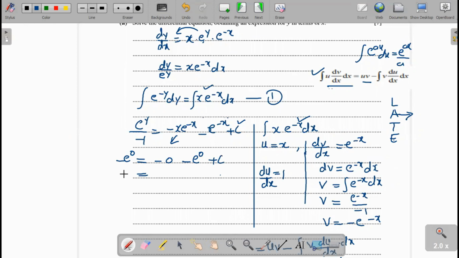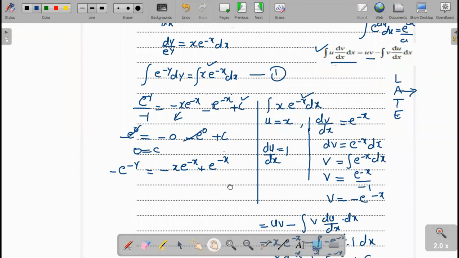Therefore, minus 2 will be cancelled and we get c equal to minus 2, equal to minus x e power minus x minus e power minus x. This is the general expression of this differential equation.